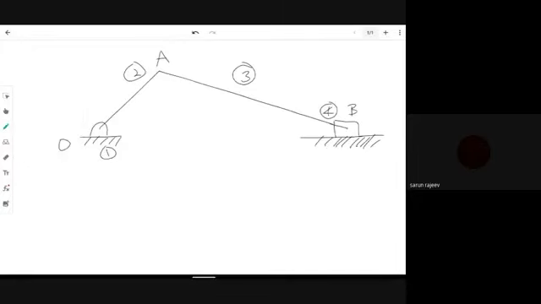Suppose you are having a slider crank mechanism and on the link number 4 there is an external force F acting on the system. Now due to the action of the force F, the whole system will be getting displaced by a certain value. Okay, let me mark the imaginary displacement like this.